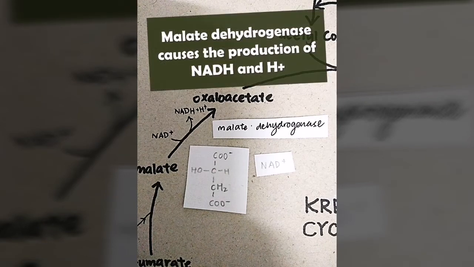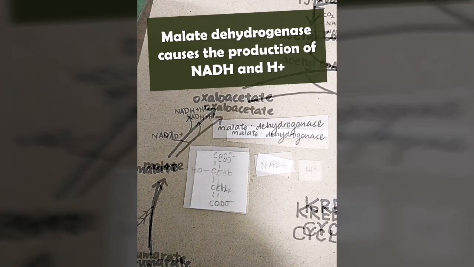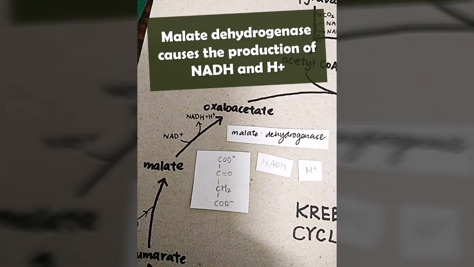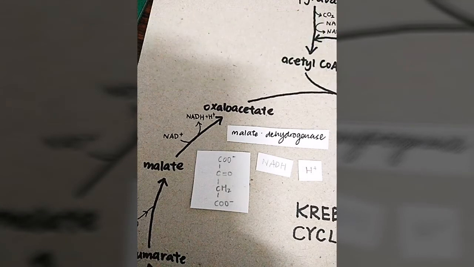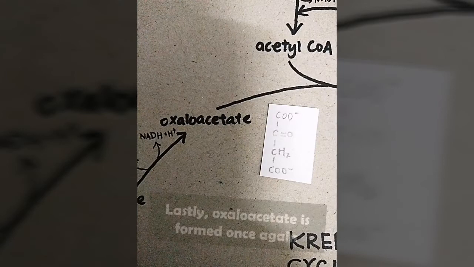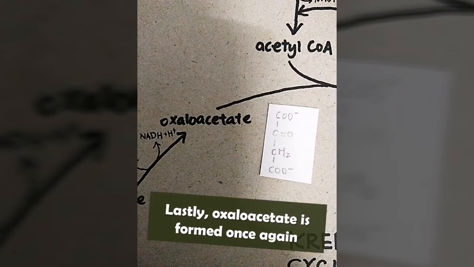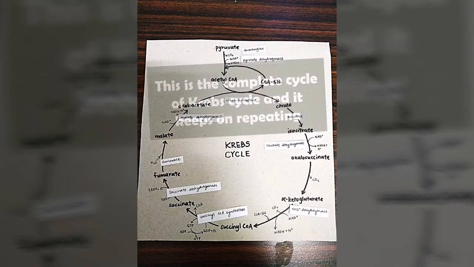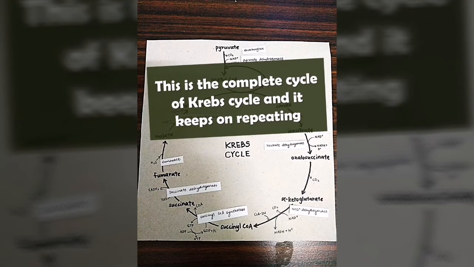Malate dehydrogenase causes the production of NADH and H+. Lastly, oxaloacetate is formed once again. This is the complete cycle of the Krebs cycle, and it keeps on repeating.